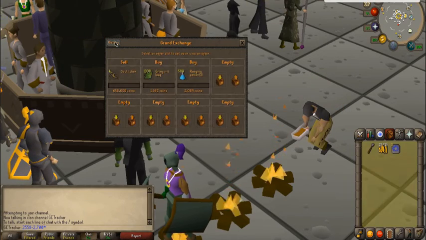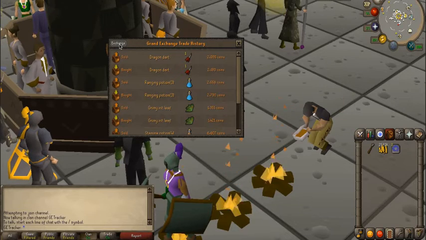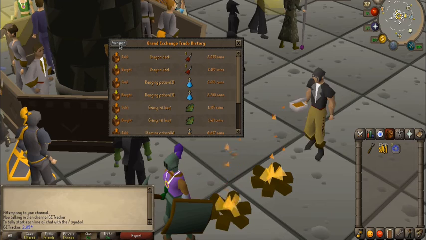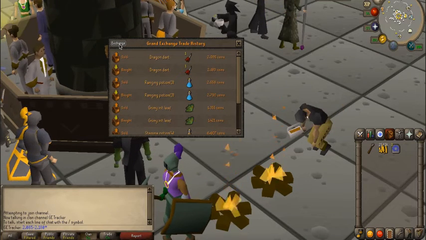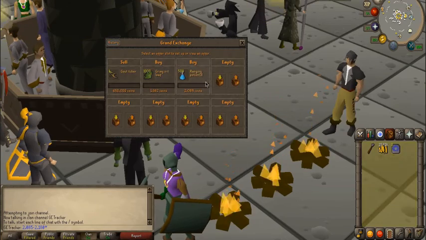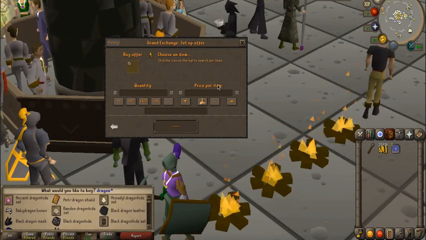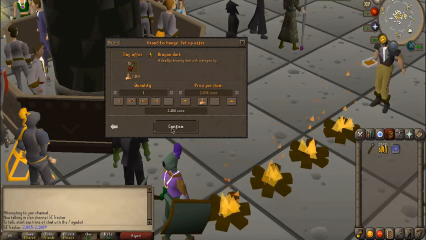Nope. Okay, we didn't get something crazy, and we're seeing about a 100 GP margin. So I'm going to see if I can quickly flip this for you guys in the video before I end this, because I know it's getting quite long now. Okay, so we have it at 2085 Dragon Dart.